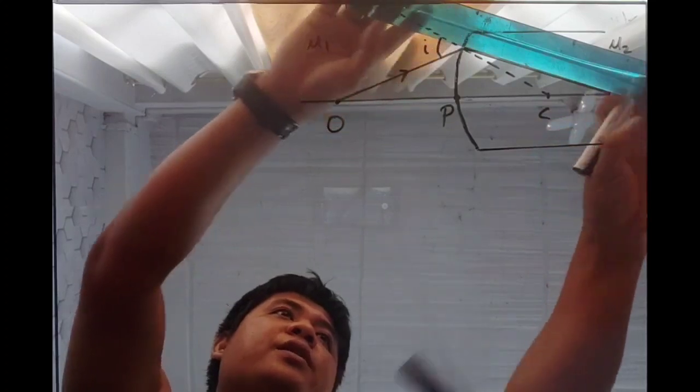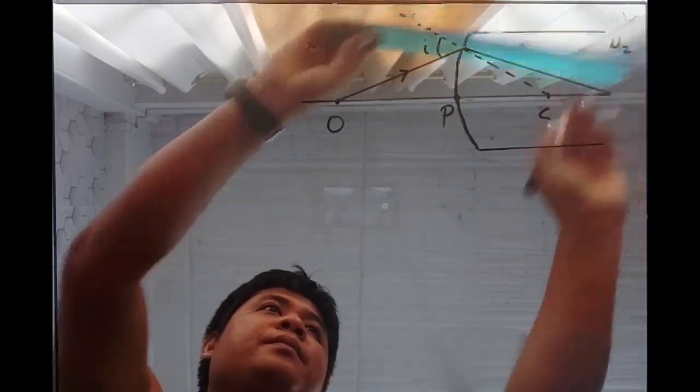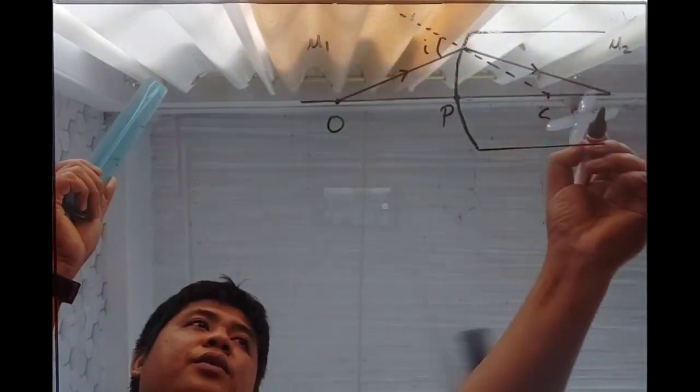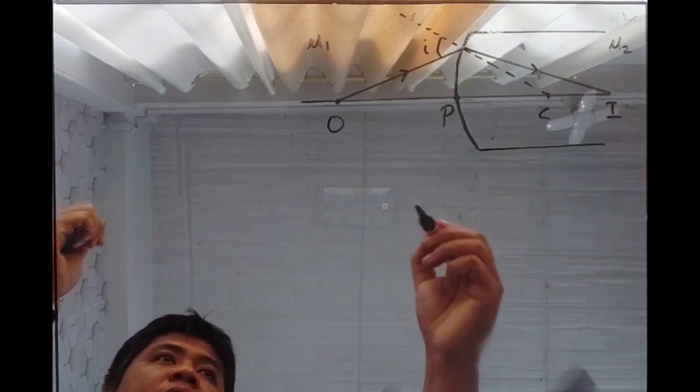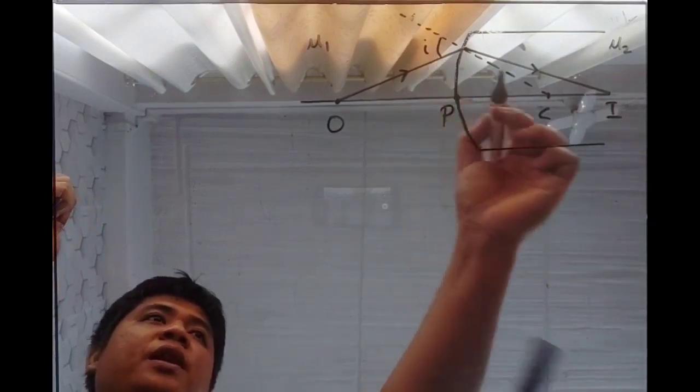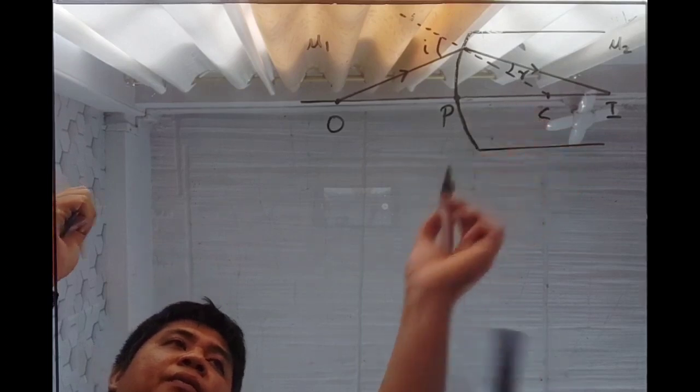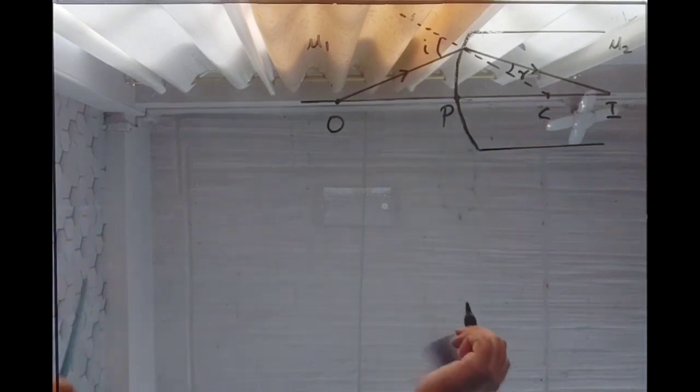So we have to draw like this, and this will be the image. This is I, the angle of incidence, and then this will be R, the angle of refraction.